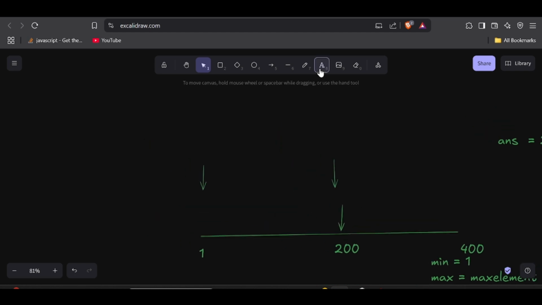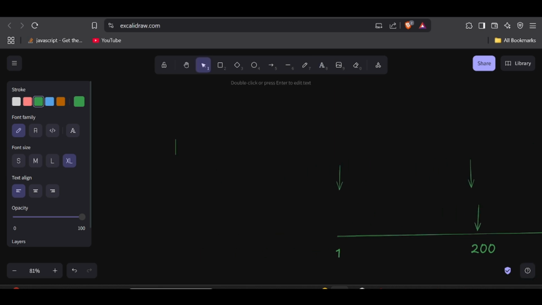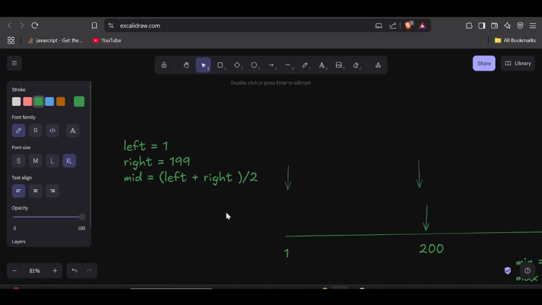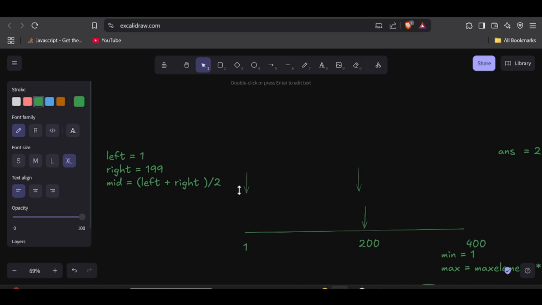So by this time, what is my left? My left is 1. My right is 199. So what will be my mid? The formula for mid is left plus right divided by 2. You all know binary search, so you know that formula.